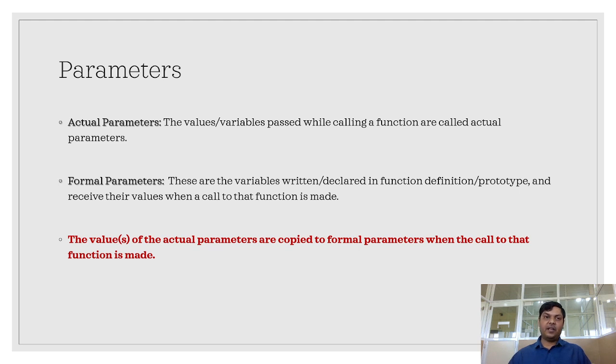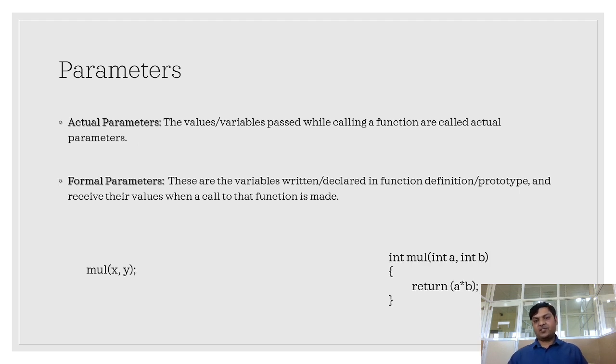For example, we have a function named MUL, as you can see here, and function MUL has two different parameters, x and y. We define this function MUL here, and the declaration and definition of MUL also have two parameters, a and b.